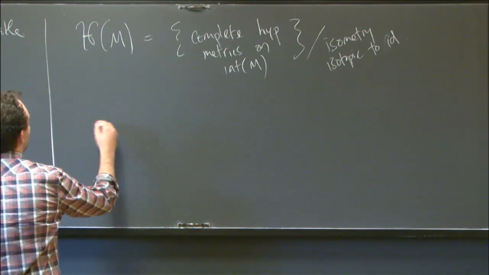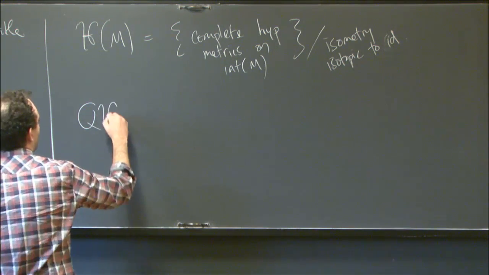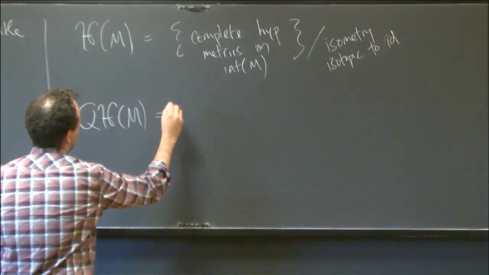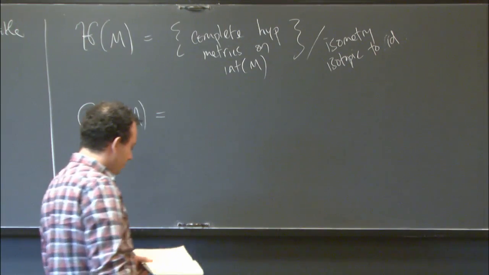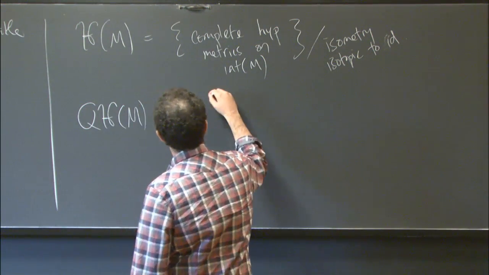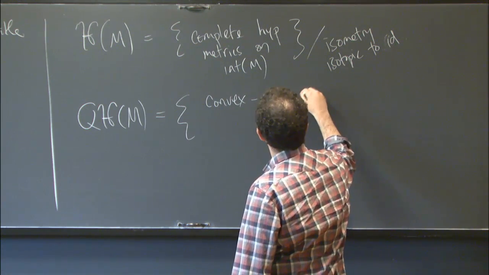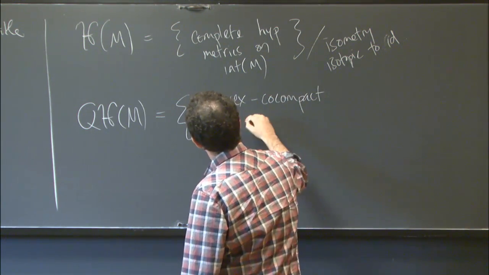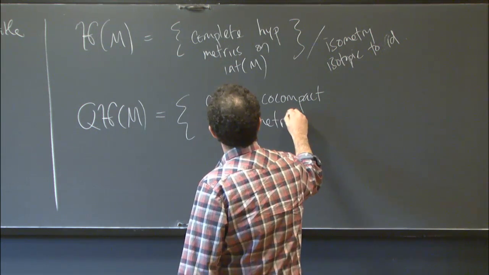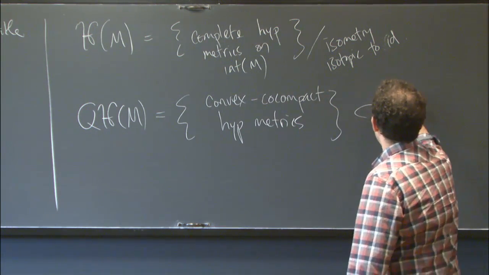So inside of this space, we have a distinguished subset. I'll call it QH of M in this talk. This consists of all the convex cocompact hyperbolic metrics.